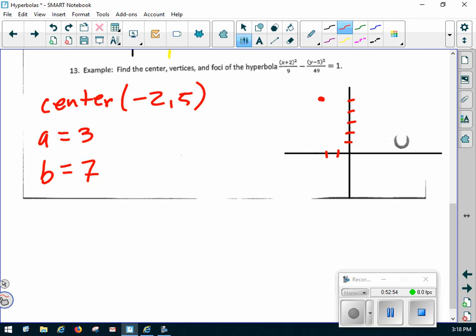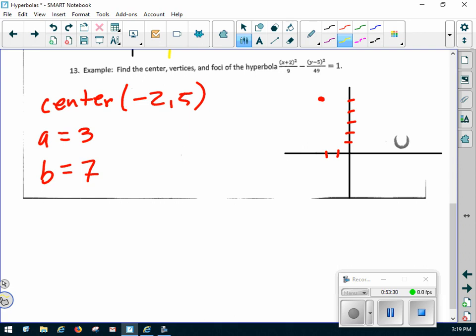Does this hyperbola open left, right, or up, down? How come? X is first means it opens left, right. Y is first means it opens up, down. This thing opens left, right. So A is 3. A is the distance between the center and a vertex.